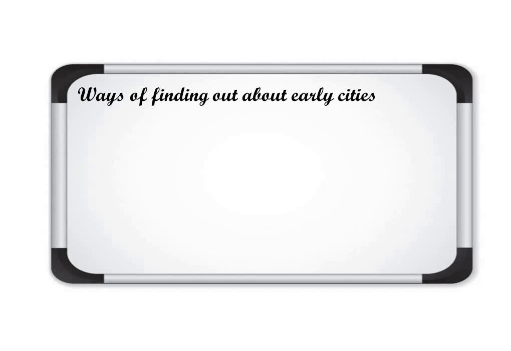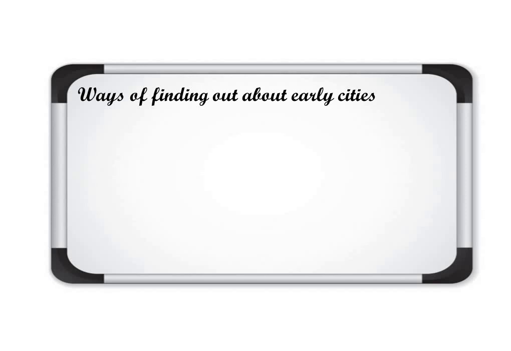The next one is ways of finding out about early cities. Till here we talked about different people in villages and the development in the villages. Now how we could know about the different cities.